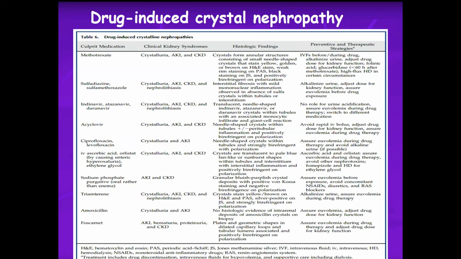And of course, you have to look at preventive and therapeutic strategies. So for instance, in patients on acyclovir, avoid rapid IV boluses, adjust drug doses for kidney function, and obviously ensure euvolemia during the drug therapy.